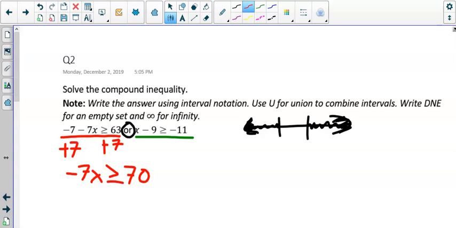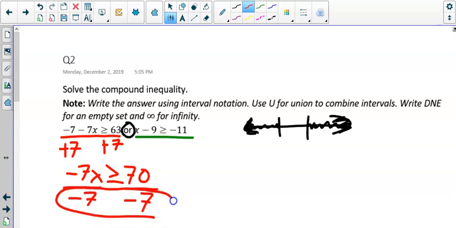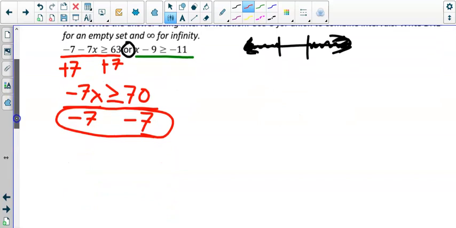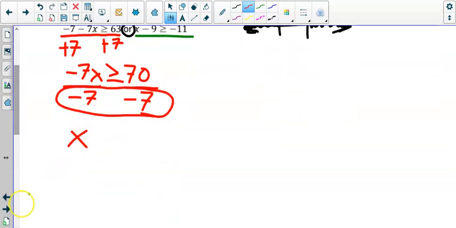Divide by what? -7. You got to flip the sign, because by dividing by that negative number, I got to flip that sign. So in the end of this, we get x what? Less than or equal to -10. Cool beans so far?